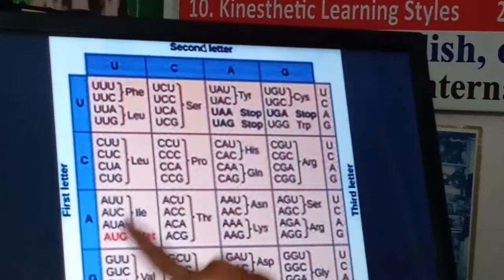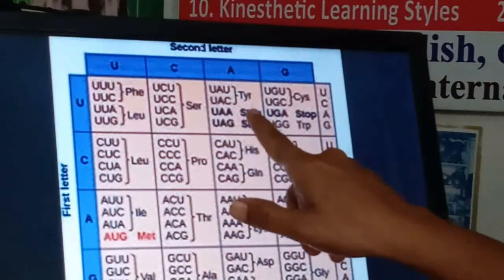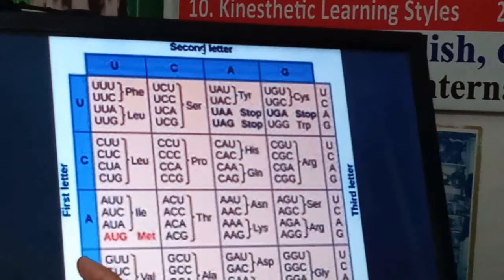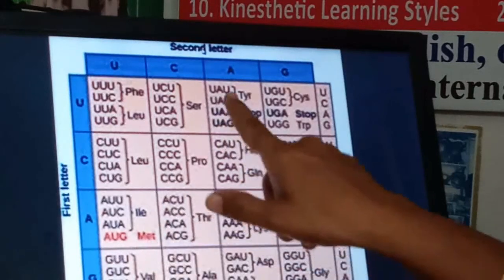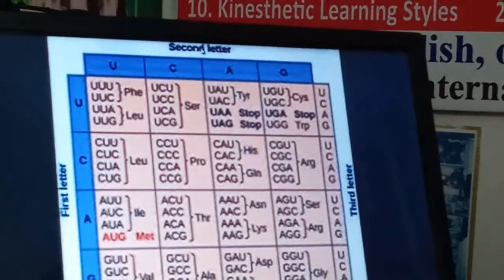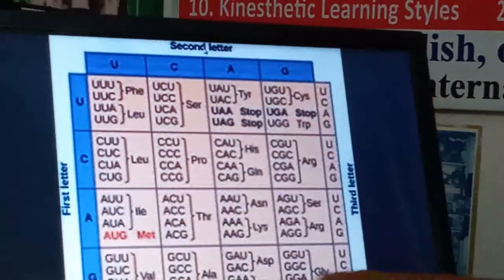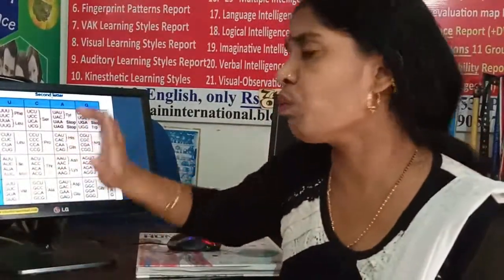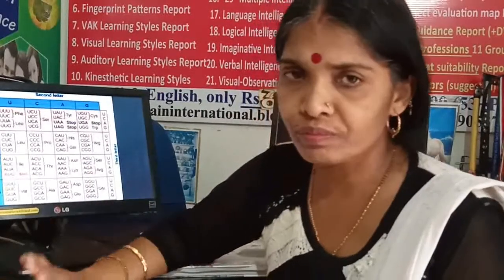So this is the starter and these are the stop codons. So AUG plays a dual function. It acts as the start as well as codes for Met, while these three do not code for any amino acid. So out of 64 combinations, we have only 61 codons which code for 20 amino acids, and these three will not code for any amino acid.